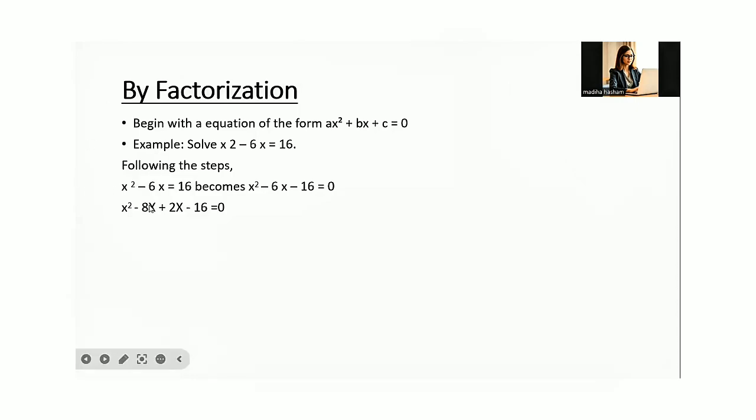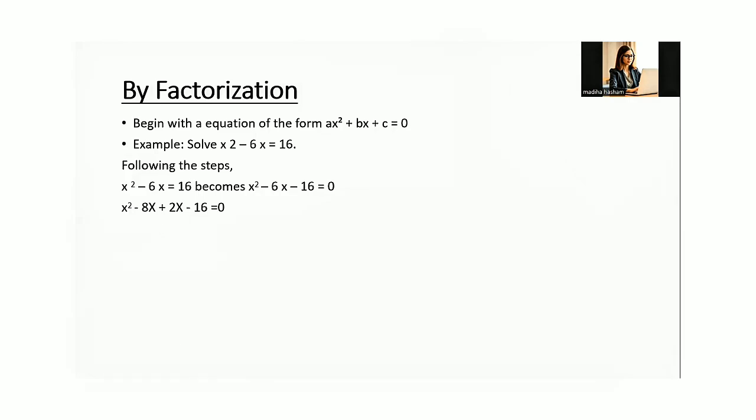So we have to find two terms such that when we multiply them, it would be minus 16 x square, and if we add them, it would be minus 6x. So when we multiply minus 8x and plus 2x, it would be minus 16 x square, and when we add them, minus 8x plus 2x is equal to minus 6x.